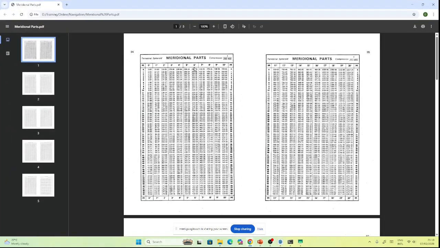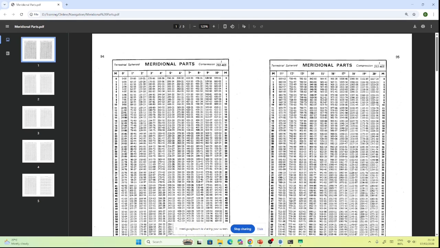Can you all see the table? Yes, sir. Okay. Where can you find this table?